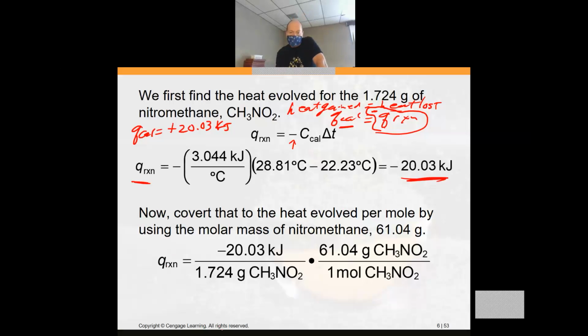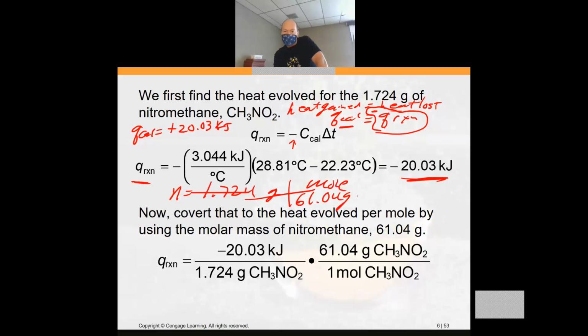All right, so then we took our mass and we divide by the molar mass. But they're doing it, they put the mass on the bottom. I would get my n by taking the 1.724 grams and dividing by the 61.04 grams per mole.